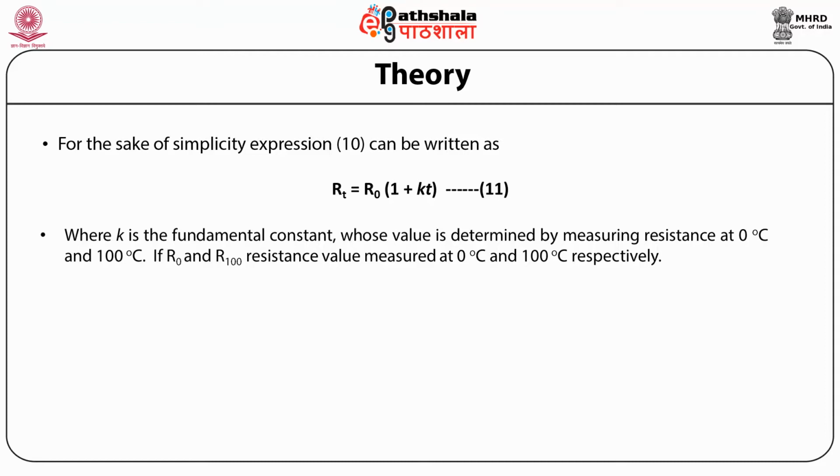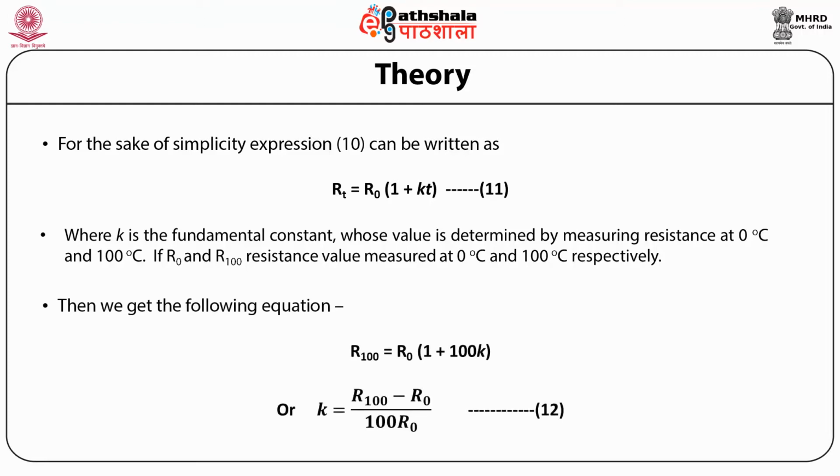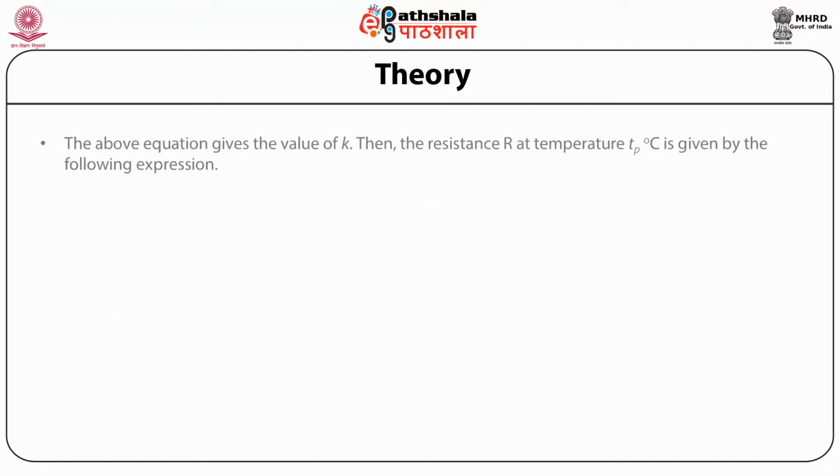If R0 and R100 are resistance measured at 0 degrees centigrade and 100 degrees centigrade respectively, then we get the following equation. R100 = R0 × (1 + 100K), or K = (R100 − R0) / (100 R0). This is equation 12.